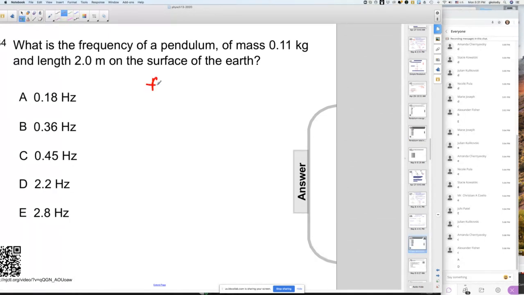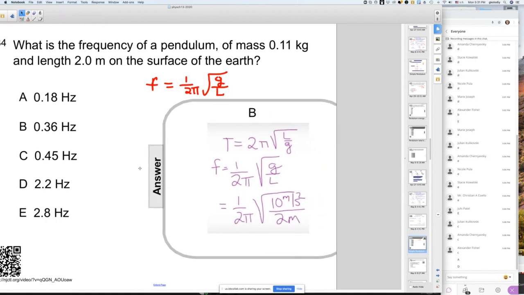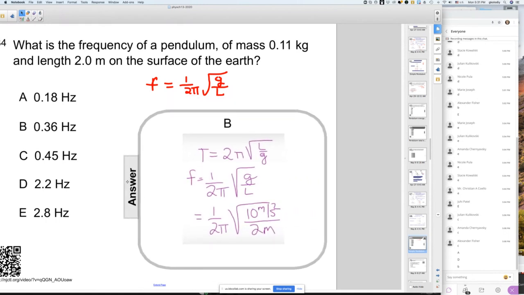The frequency is the inverse of the period, so it'll be 1 over 2 pi square root of g over L. It turns out B is the correct answer.